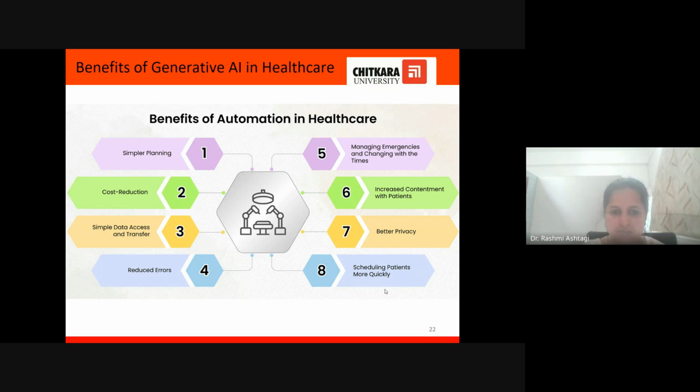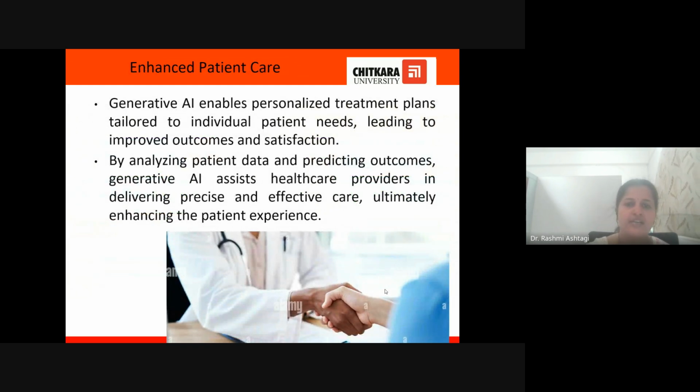So, enhancing patient care. This is what is required the utmost. What treatment plans will be there, what has actually happened, and what the needs are, which will improve the outcomes and satisfaction of the patient.